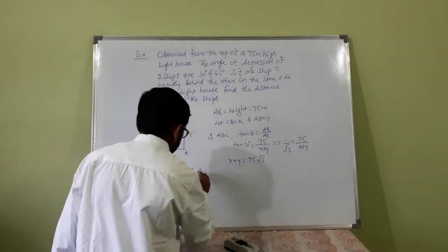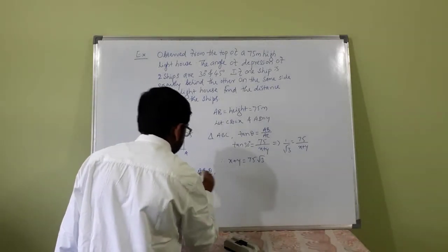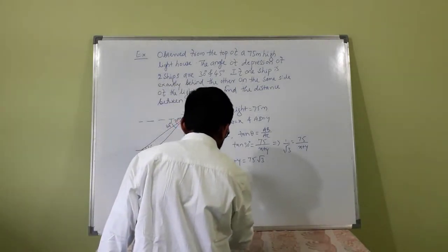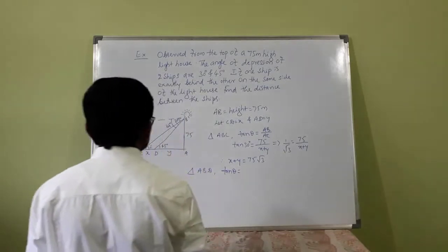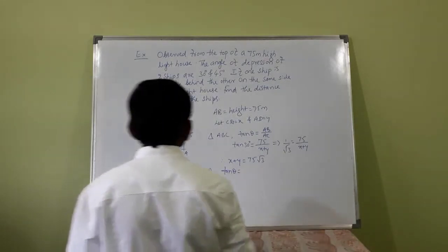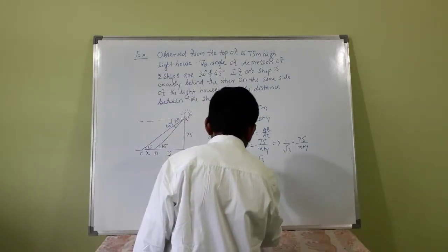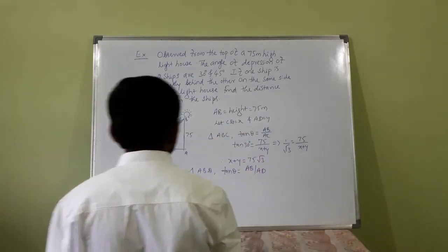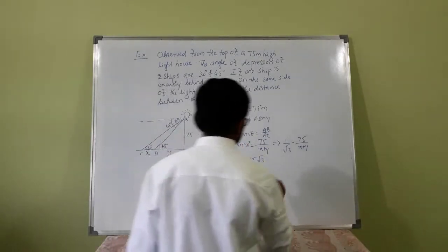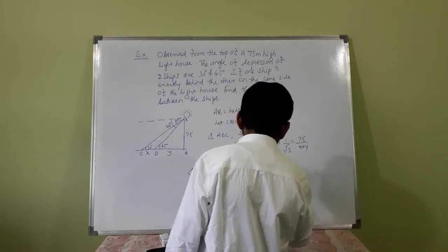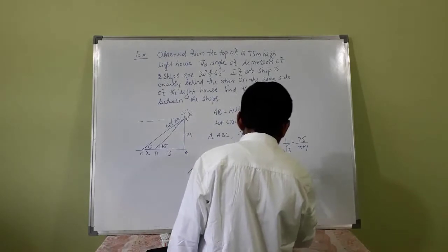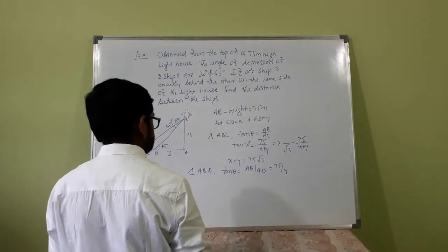In triangle ABD, tan theta is equal to AB by AD. AB is 75, AD is y.